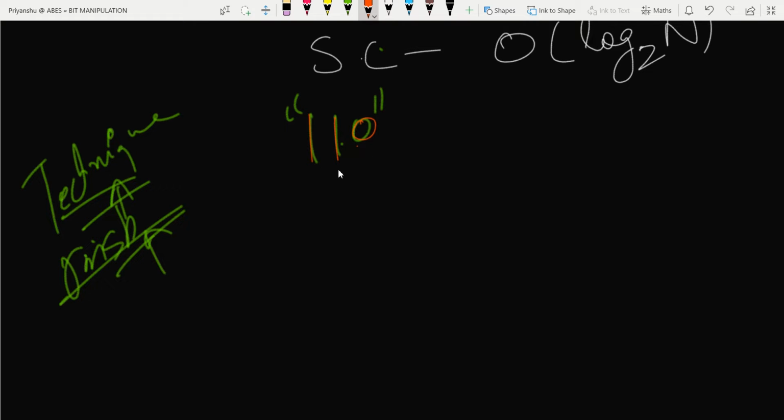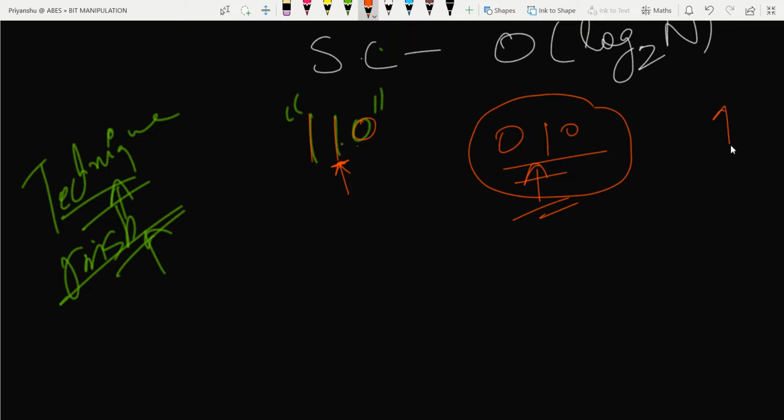So what we are doing is calculating the rightmost set bit. After calculating, we keep a counter, and whenever we find a rightmost set bit, we subtract that bit value from the given value. Let's suppose the given value is n equals 6, and the rightmost set bit we are getting is at the second position.